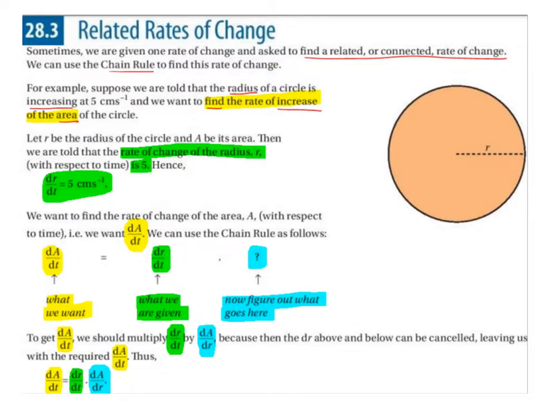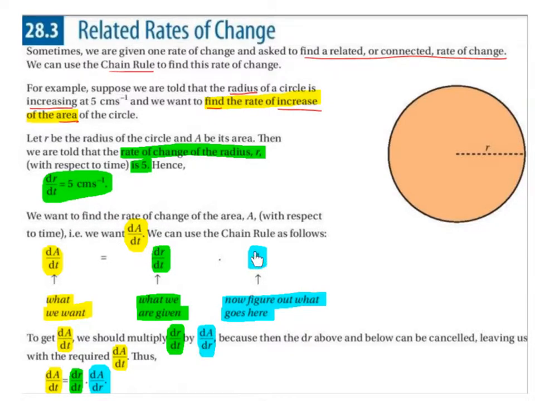If we multiply by dA over something, we'll get the dA, but what we need to multiply by is dA over dr, so that the dr on top will cancel. So to get dA/dt, we should multiply dr/dt by dA/dr.